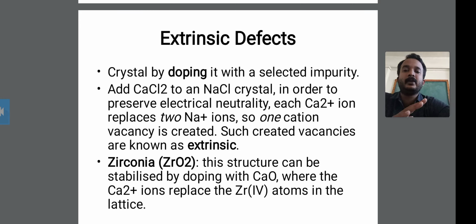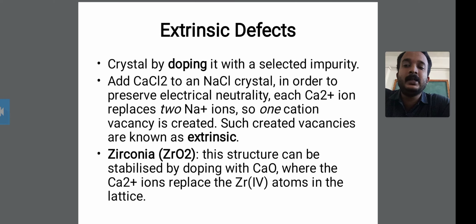The definition of the extrinsic defect is very simple. They add calcium dichloride to the sodium chloride crystal in order to preserve electrical neutrality, meaning the Ca2+ ion replaces 2 Na+ ions. In preserving electrical neutrality, one cation vacancy is created.